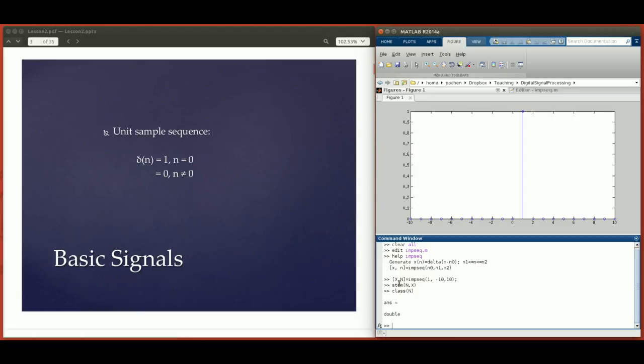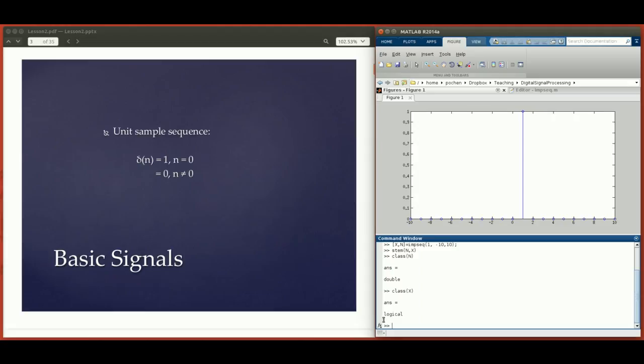Every element inside of this vector is a double. If I do class x, it's going to tell me it's logical. It's not a double, which means that every element inside of this x vector is a logical value. A logical value is either true or false. It's a Boolean value. It can only take two values.